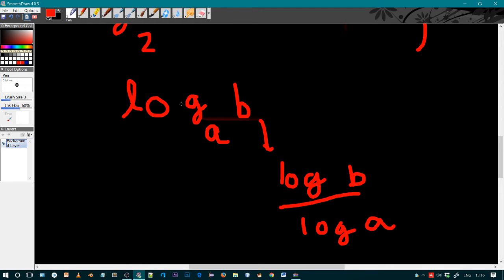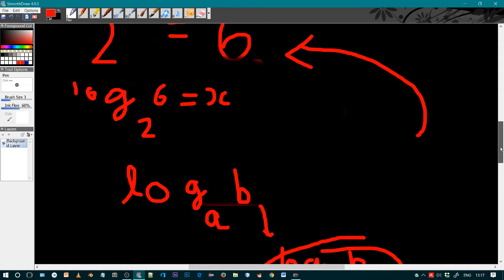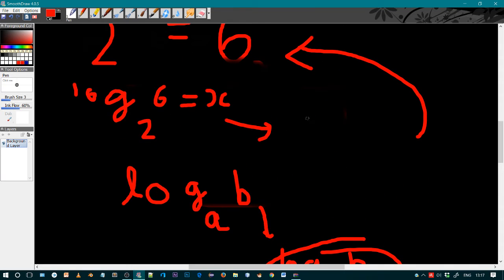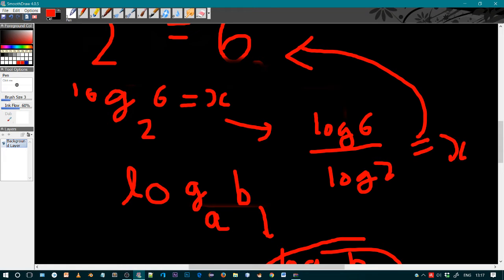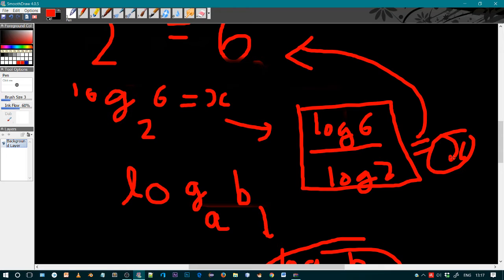So anything with a log which has a base and has an answer in front of it, we can write as this expression. So this can be written as log 6 over log 2 is equal to x. There's a function in your calculator known as log, so just type log 6 divided by log 2 and you'll get the exact value of x.